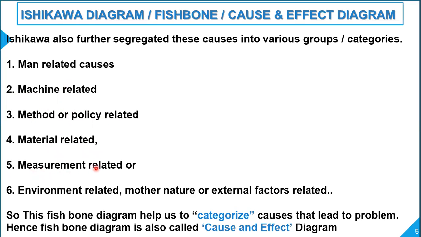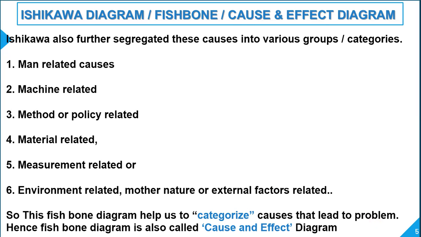Fifth is measurement-related causes. And sixth is environment-related causes. Most of the time, these environment-related causes are not under our control. These are external environment-related causes. So these fishbone diagrams help us to categorize causes that lead to the problem. Hence, the fishbone diagram is also called the cause and effect diagram.